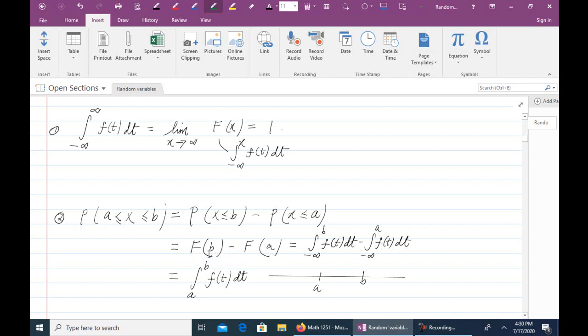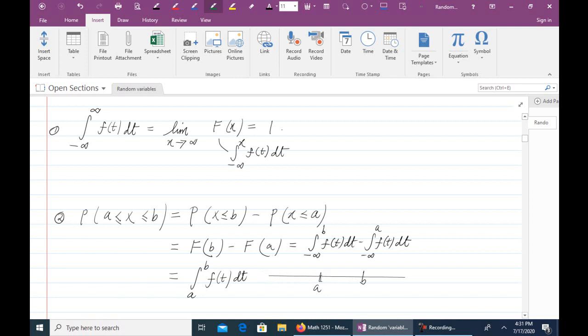If you think about what that is in terms of the PDF, capital F of b would be the integral from negative infinity to b of f of t dt, and capital F of a would be the integral from negative infinity to a of f of t dt. So when we subtract, as you can see that a is less than b here, you're looking at the integral from negative infinity to b minus the integral from negative infinity to a.